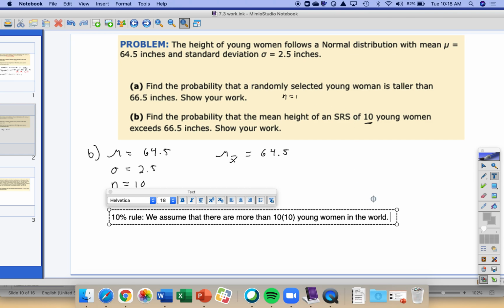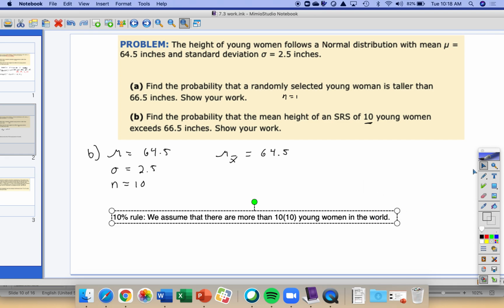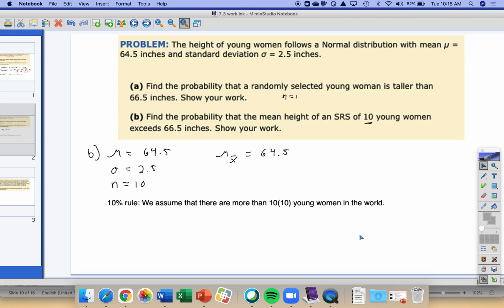Okay, this is me checking my independence. Now, since this is true, we can go ahead and find the standard deviation of my sampling distribution x bar, which is just 2.5 divided by the square root of 10, because it is sigma over square root of n.